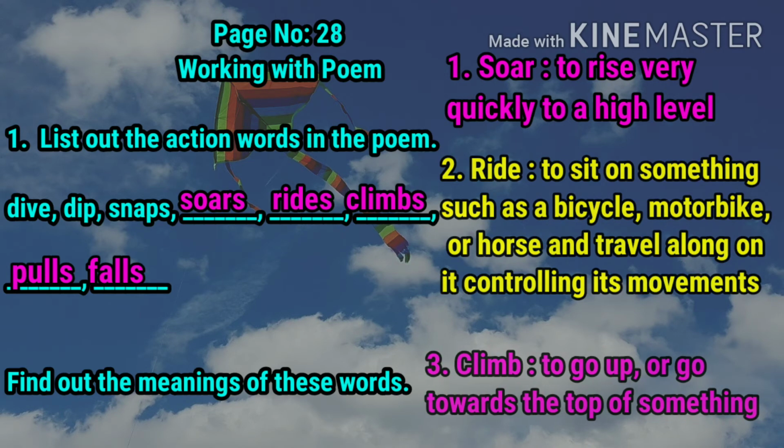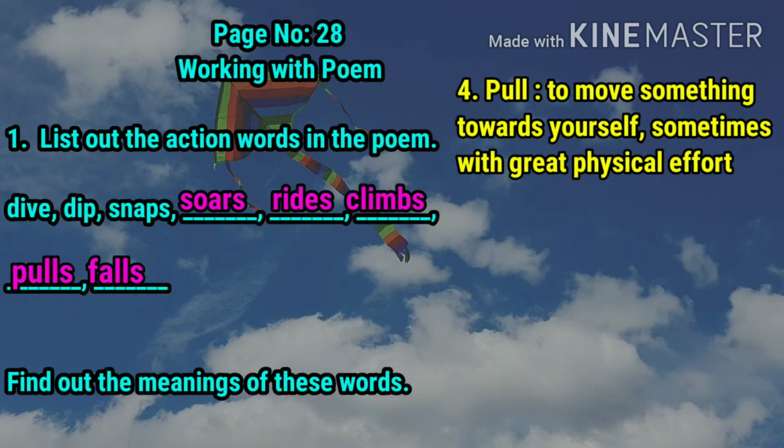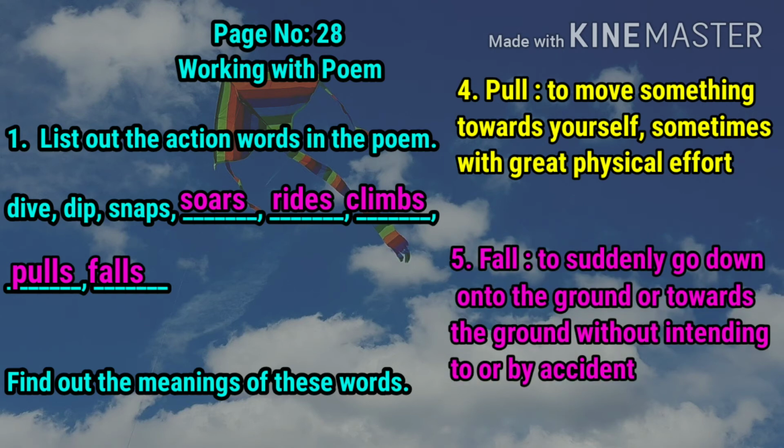The next word here is pull, which means to move something towards yourself, sometimes with great physical effort. And the last word is fall, which means to suddenly go down onto the ground or towards the ground without intending to or by accident. So this was all about this exercise, and I hope you have understood this.